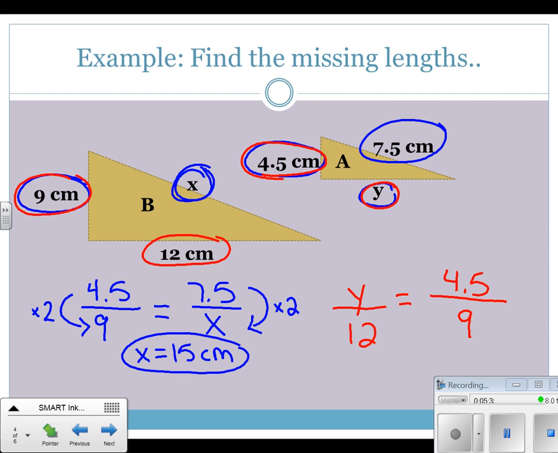Or I could have done 7.5 matches our answer from the previous proportion, 15. So here's our proportion. We're doing 9 going up top this time because the y I put on the top. So I'm going to divide by 2. 9 divided by 2 is 4.5, so 12 divided by 2 gives me the y, which would be 6 centimeters.